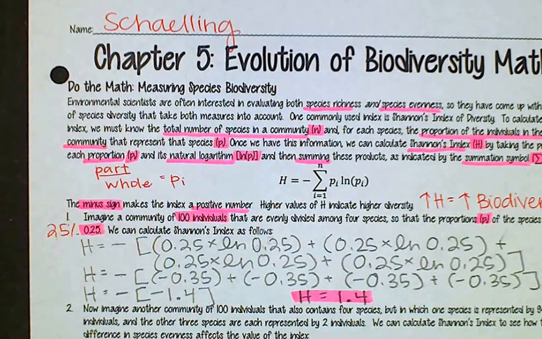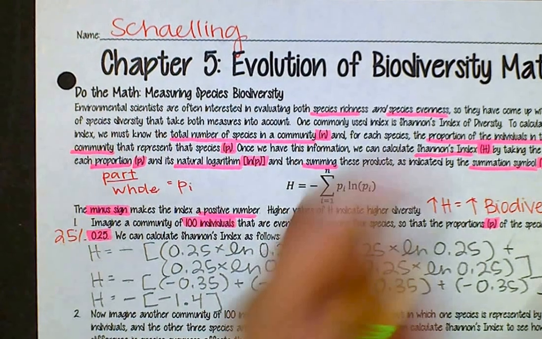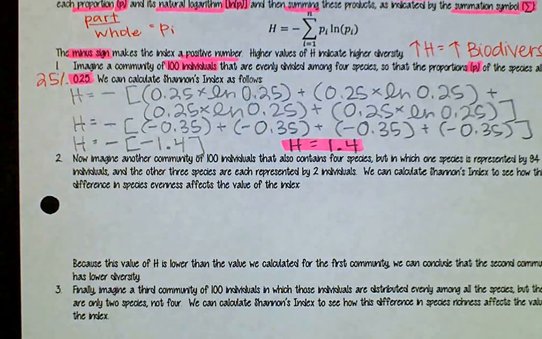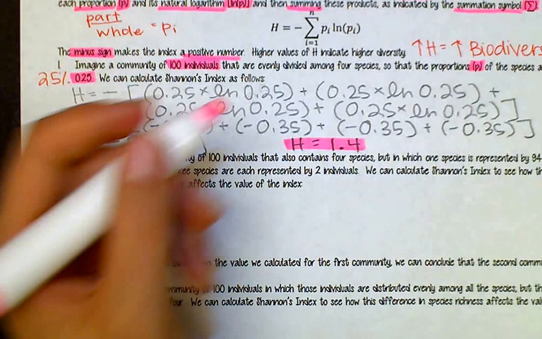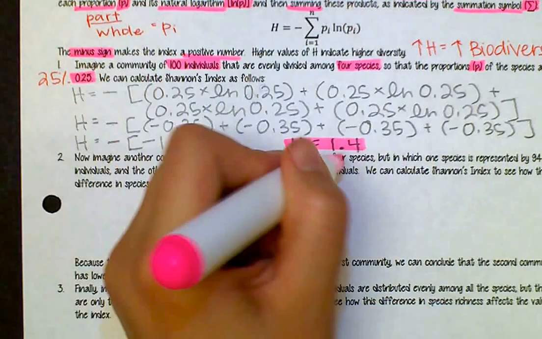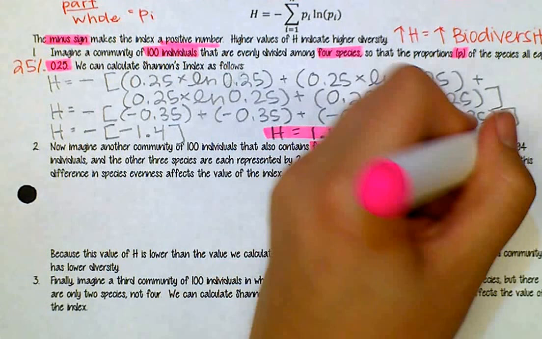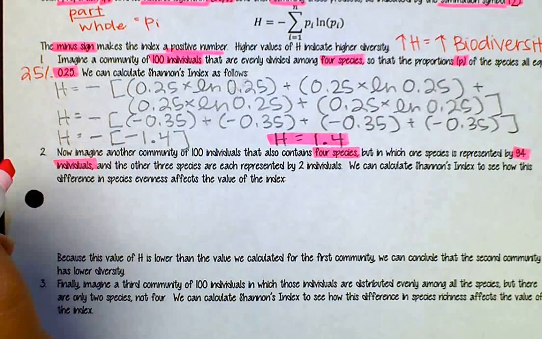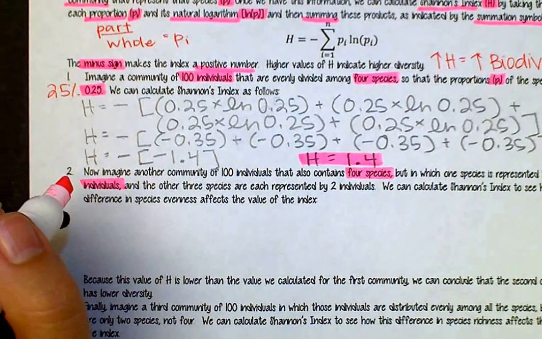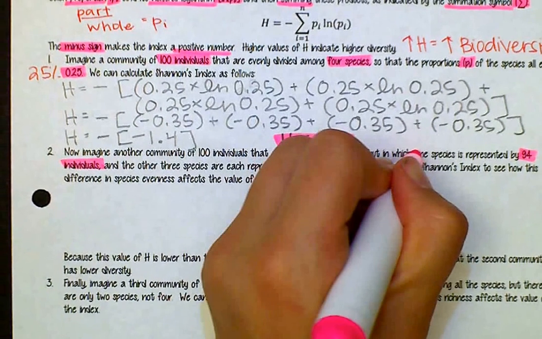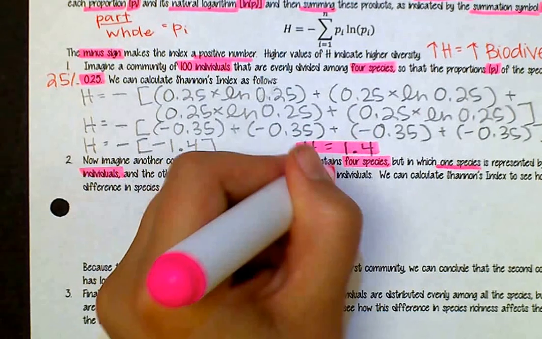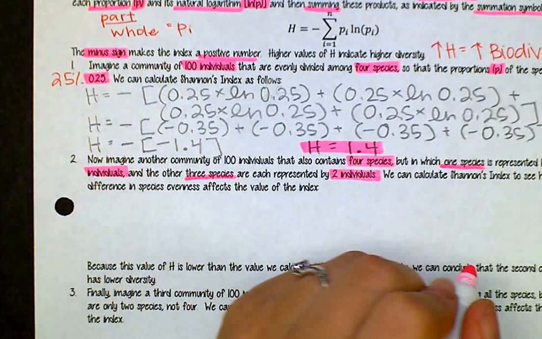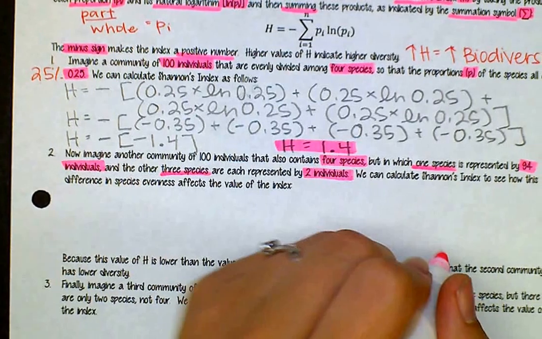Okay, so the next two problems, we have a community with 4 species. Okay, we have 94 individuals. One species has 94 individuals, and the other 3 species are represented by 2 individuals. Okay, so you're going to calculate the Shannon's index of that, and you're going to put it in your whisk form.